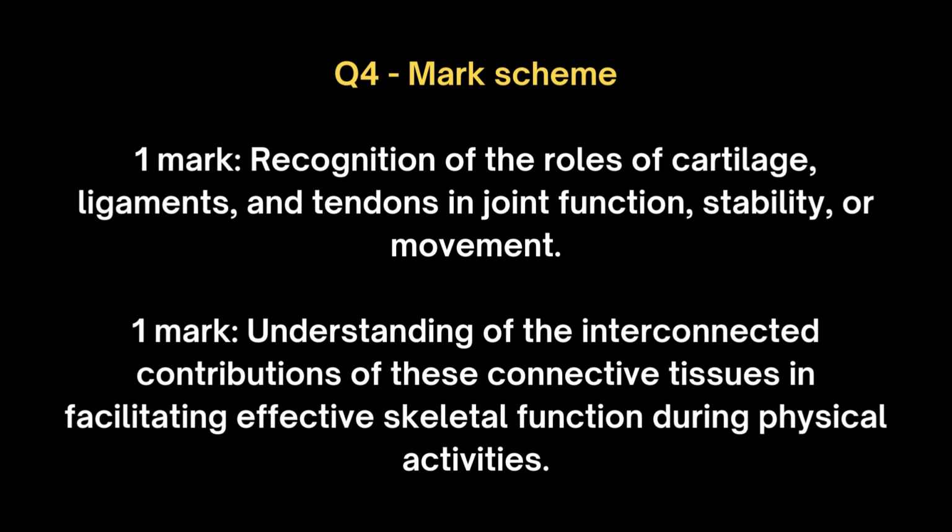Explain how cartilage, ligaments, and tendons collectively contribute to joint function, stability, and movement in the skeletal system. 1 mark for recognition of the roles of cartilage, ligaments, and tendons in joint function, stability, or movement. 1 mark for understanding of the interconnected contributions of these connective tissues in facilitating effective skeletal function during physical activities.